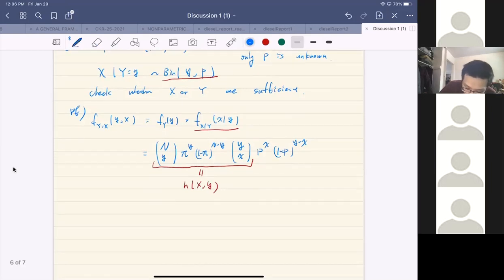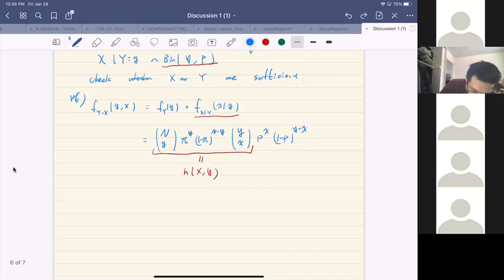So we only have to check whether this one can be separated, p to the power x, 1 minus p to the power y minus x.